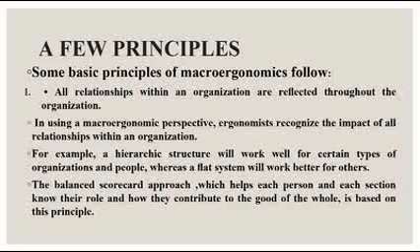For example, different systems are best for different groups of people, like a hierarchic system and a flat system, which are suitable for different classes of individuals and different organizations. Here there is an approach called the balanced scorecard approach. This approach helps each individual, person and section to know their role, and how they can contribute to the good of the whole organization.